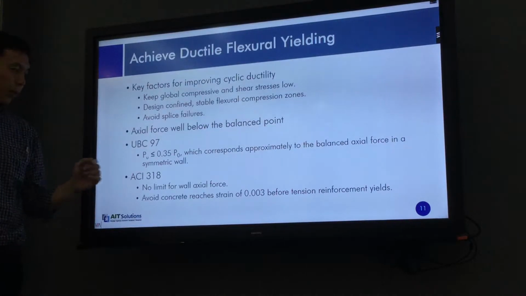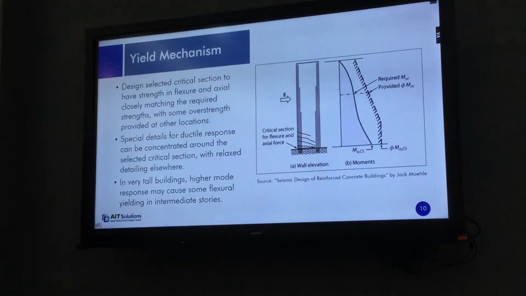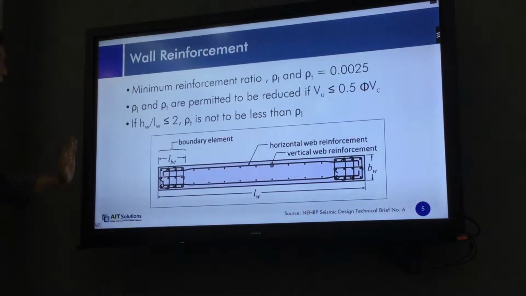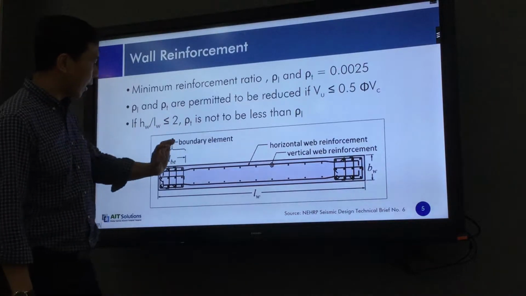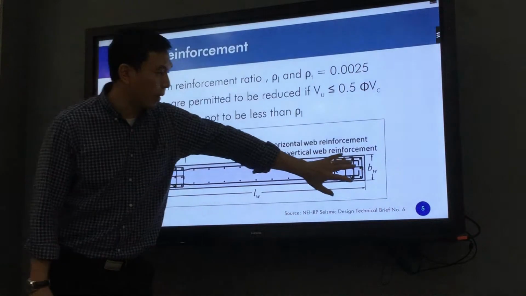But ACI 318 suggests that the compressive strain in the concrete, 0.003, should not be reached before the tension reinforcement yields. It means that under this bending moment, this side has tension and this side has compression.